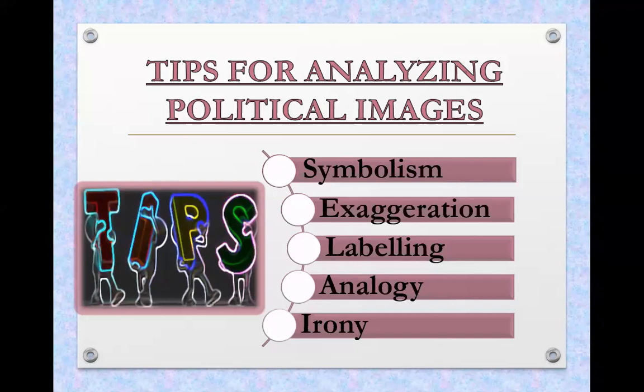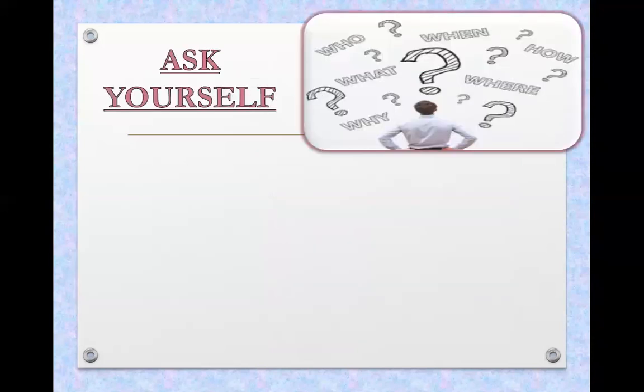Does the irony help the cartoonist express his or her opinion more effectively? You need to look into that. Is it clear? I hope you all are clear with this. All right, now we are moving on.